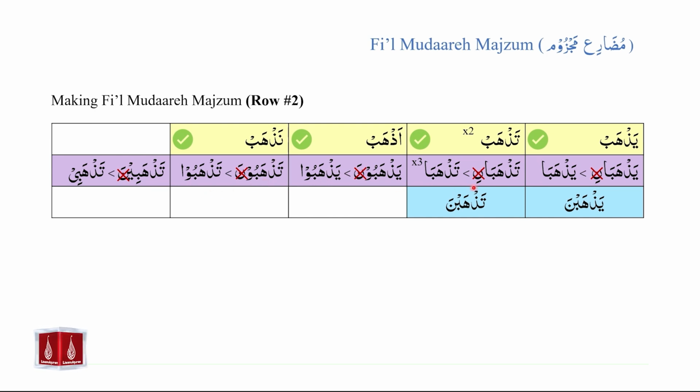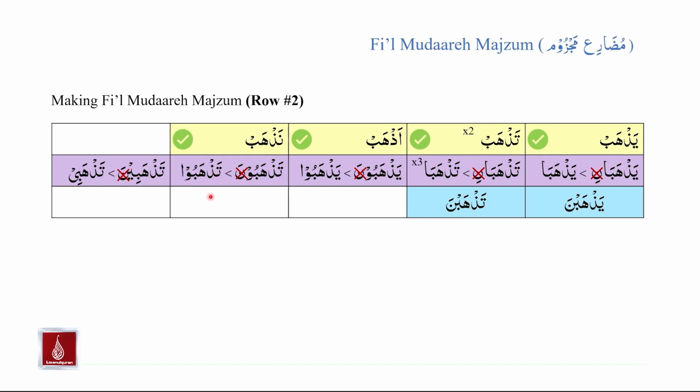If we recall, this is very similar to what we did with fi'il mudare mansoob as well. Our final results are: yazhabani becomes yazhaba, tazhabani becomes tazhaba, yazhabuna becomes yazhabu, tazhabuna becomes tazhabu, and tazhabina becomes tazhabi.